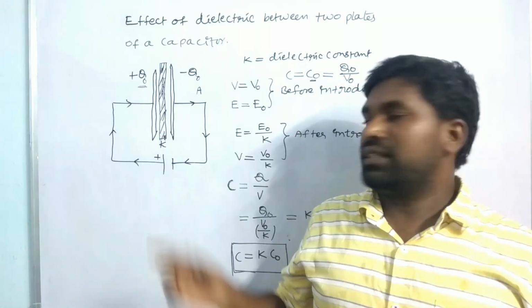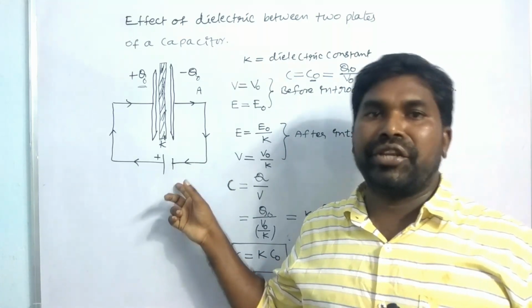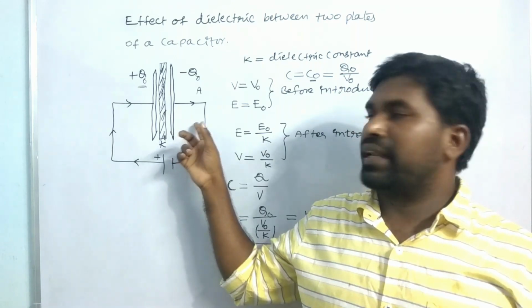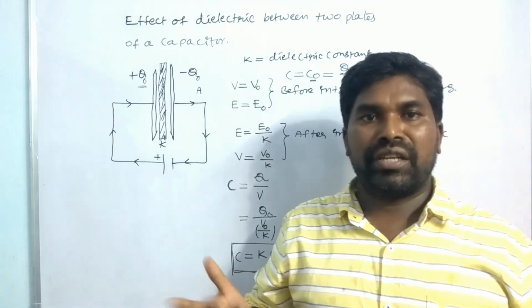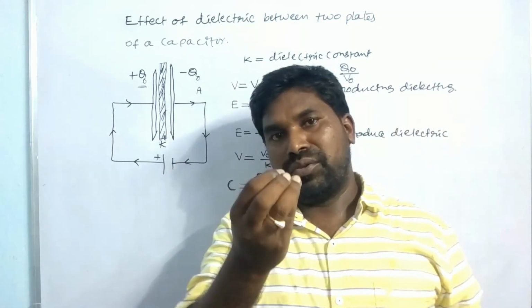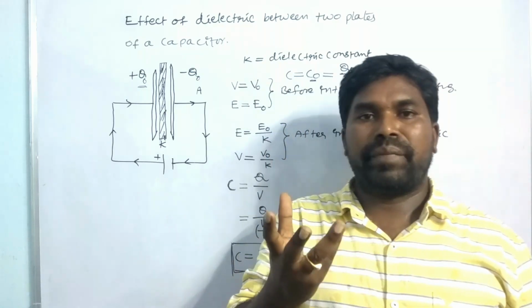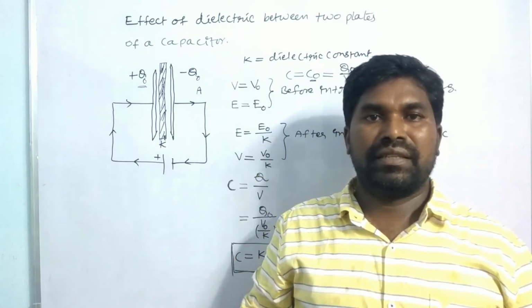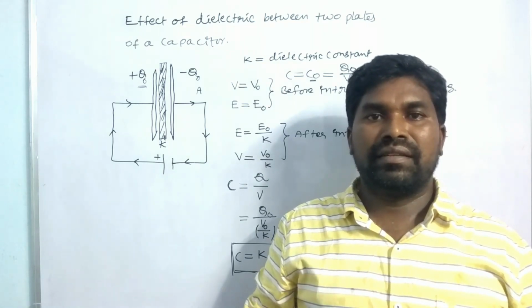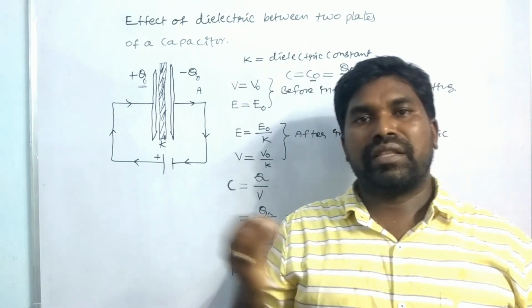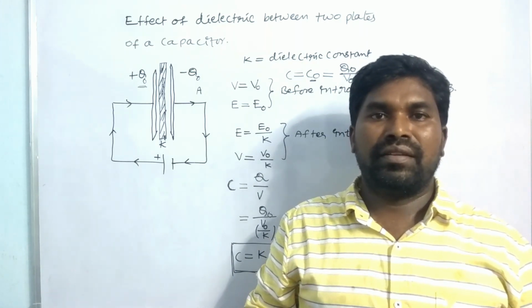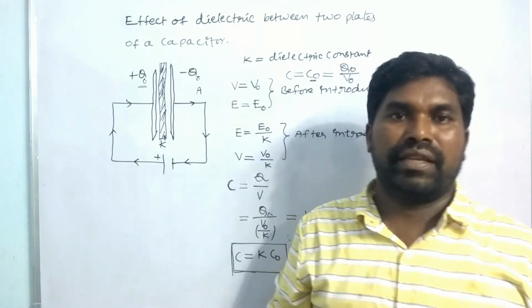And the second is if the charging battery is continued: what is the energy stored? Generally, if we disconnect the battery from the circuit, the energy decreases. If we continue the battery in the circuit, the energy increases. How is it possible? Let us see here.